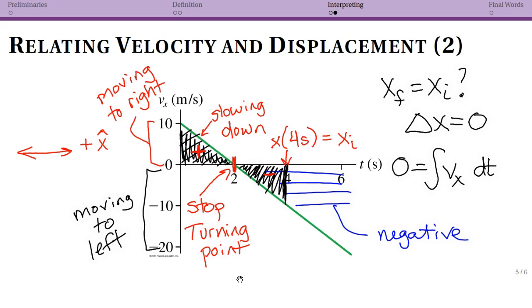So please don't undervalue these visual representations, whether it's a motion diagram, which you could certainly make for this situation as well, or whether it is for a plot like this. So after 4 seconds, it's gotten back to its original point, but it's still moving to the left. So it's now left of its initial position, and it's speeding up, going further to the left. So that's what's happening in this situation.